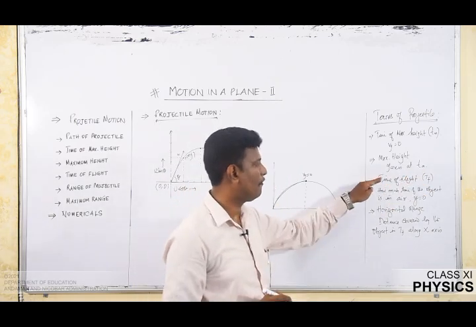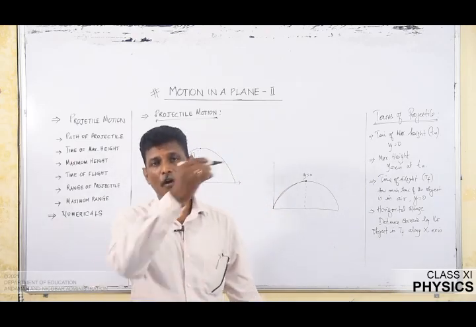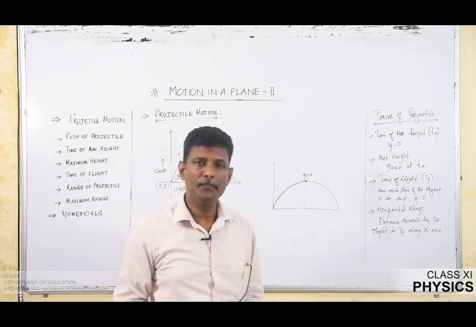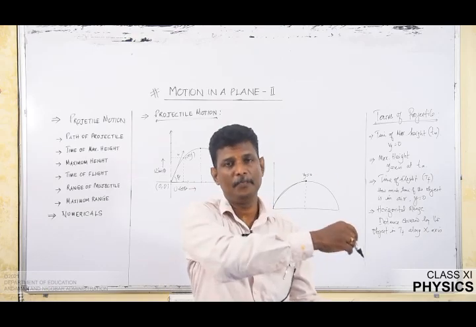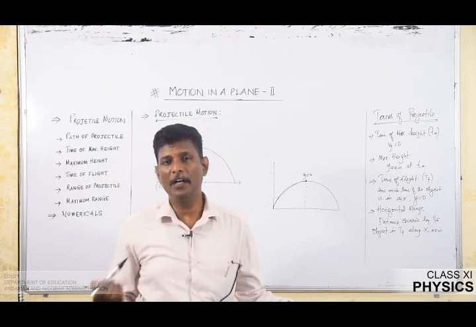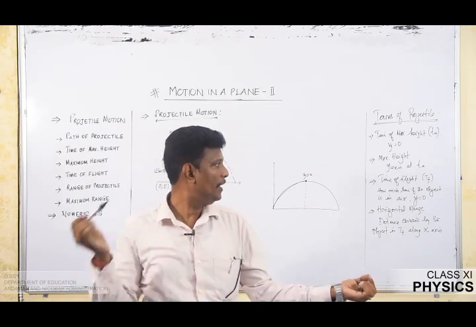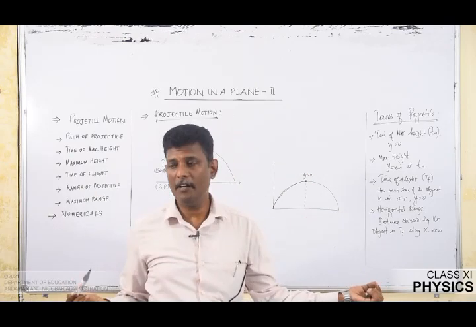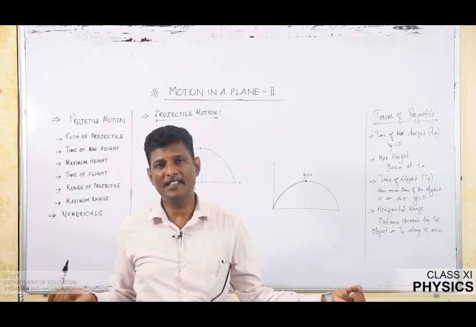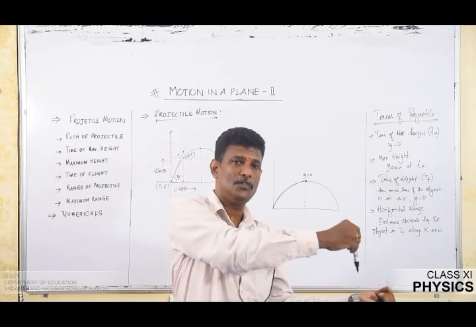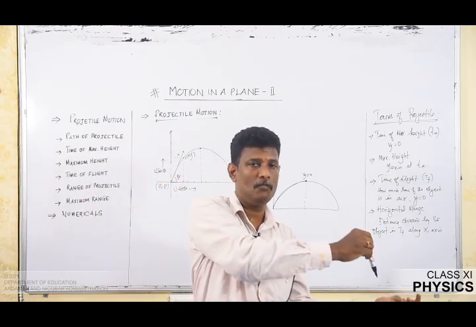Next is time of flight. If we throw an object, for a certain time the object is in flight. When it is released from the hand and it reaches the ground, the time taken by the object to travel from the 0 position of x axis to come to the 0 position of x axis, that is reaching the ground.